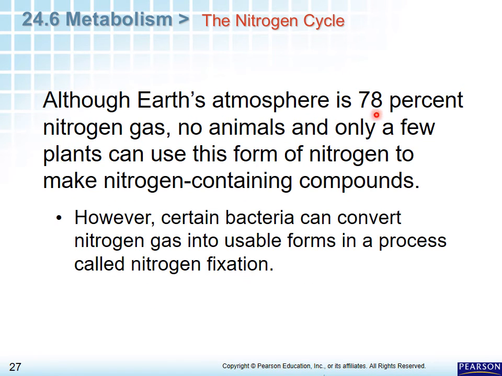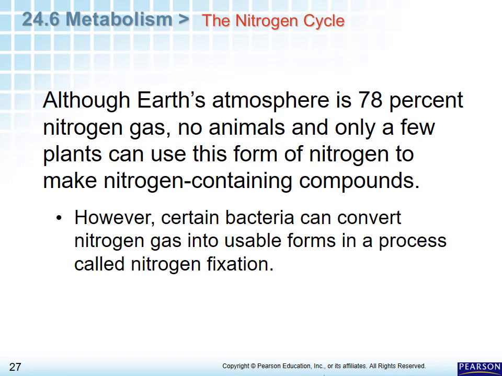Although the Earth's atmosphere is 78% nitrogen gas, no animal and only a few plants can use this form of nitrogen to make nitrogen containing compounds. Okay, means in the air we are not using this. However, certain bacteria can convert the nitrogen gas into a usable form in a process called nitrogen fixation.